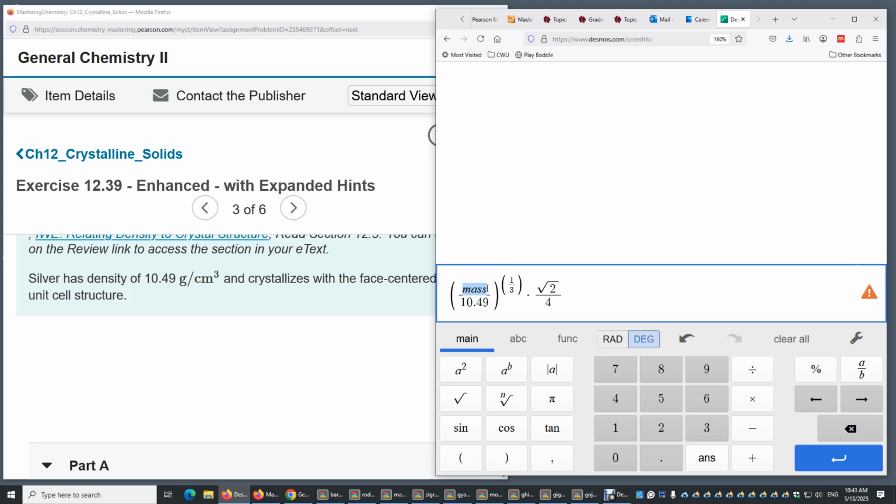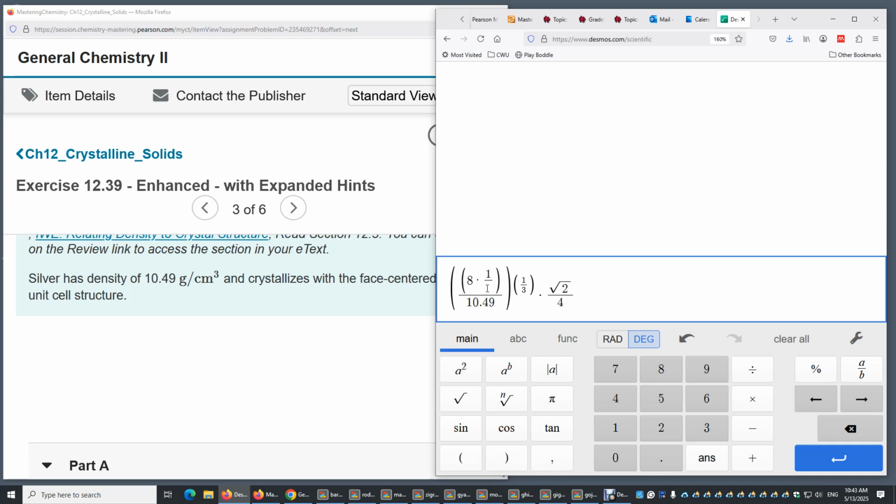So to count the number of silver atoms inside the cell, we have 8 times 1/8, that's the number of corner atoms, and then we have 6 face atoms times 1/2. Here we have 1 plus 3 equals 4 silver atoms inside each unit cell.